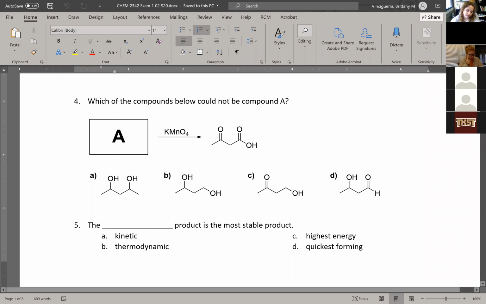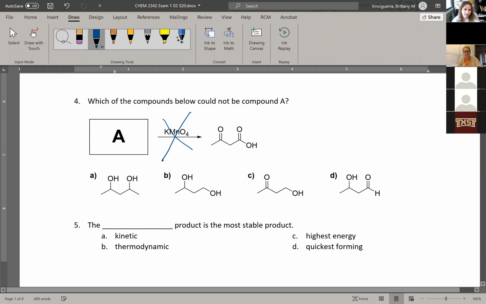So when you're doing an exam like this, the easiest thing to do at the beginning is to always go through and identify the answers that cannot possibly be correct. And you do not even need to actually look at the reagents that we're using in order to do that.